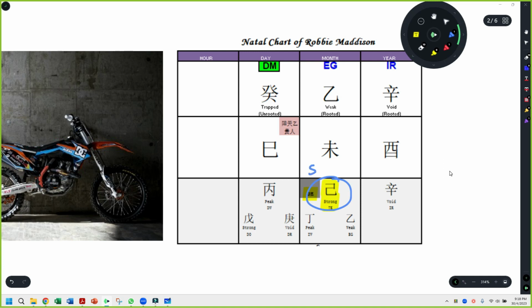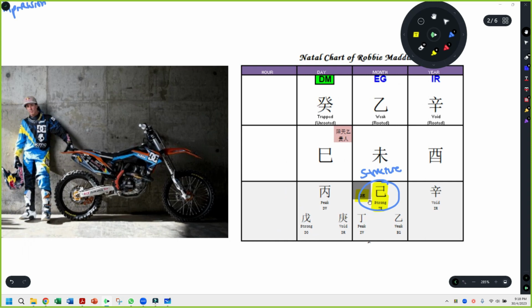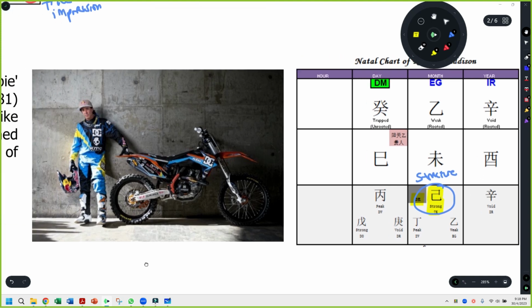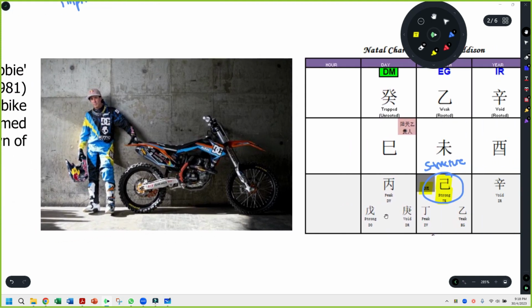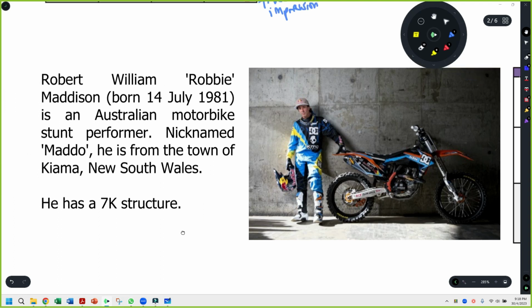The structure for this person represents the core attribute or the core personality of the person. So this person also has a strong 7 Killing personality, very daring to take risks, very willing to take the adventurous path as well. That's where we have a 7 Killing structure that the person has.